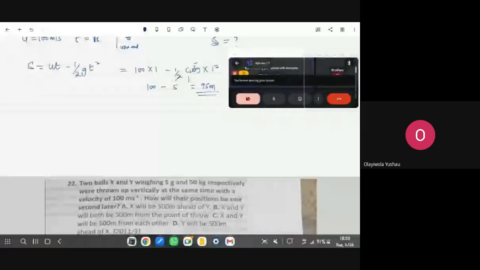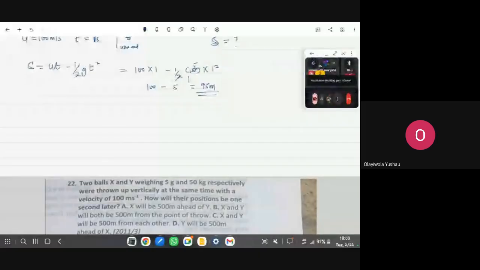Can you see my screen also? No, sir, we can't see it. You've not shared it.